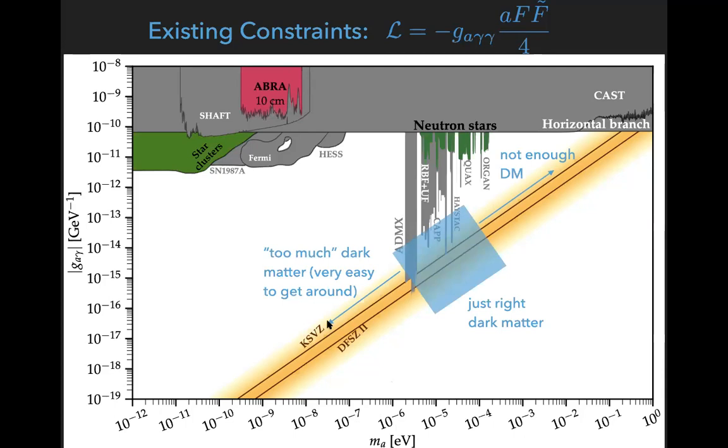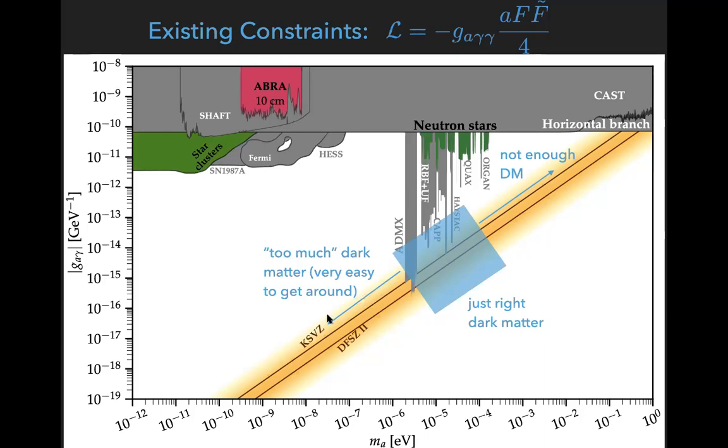So the first thing, just to orient you, I just told you about this story about the QCD axion being dark matter. So I'll call it just right dark matter when you happen to live somewhere near this blue box, because that's where you have these decay constants on the order of 10 to the 12 GeV, and it seems very easy to produce the correct abundance of dark matter. If you follow that picture I was describing on the last slide, you'll see as I go to higher F_a or smaller masses, you naively produce too much dark matter.